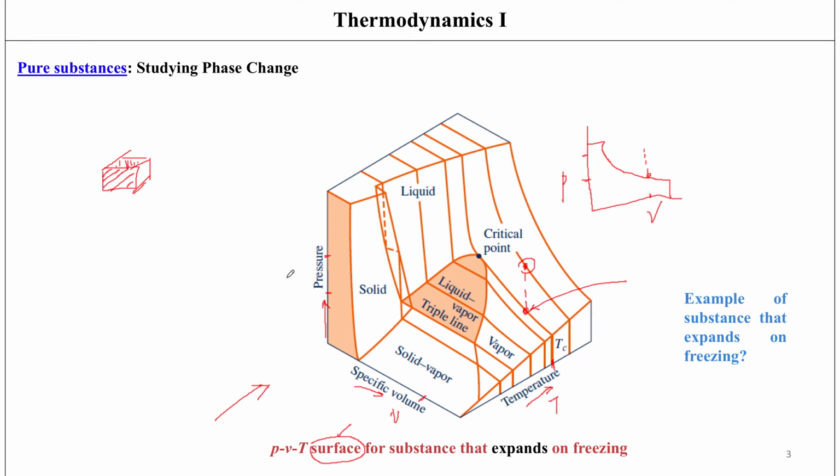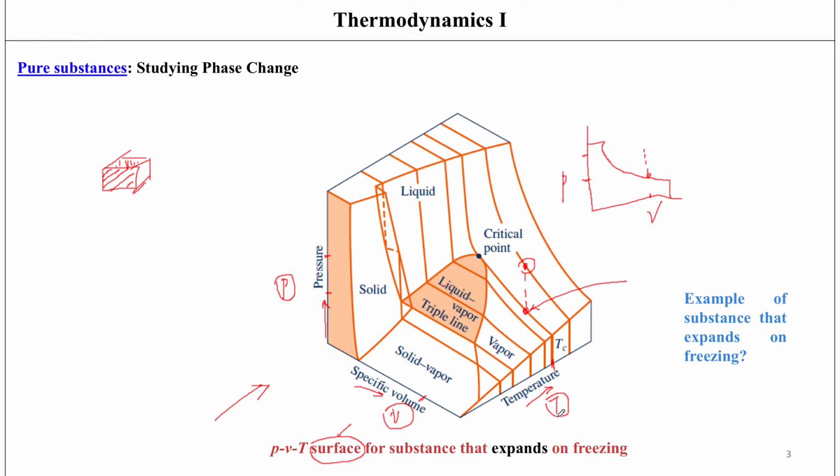So what that means is that in order for me to fix the state of the system in terms of the specific volume and in terms of the temperature, I would get only one specific value of pressure. There cannot be a range of values at the same volume and same temperature. There's just going to be one unique pressure corresponding to the specific volume and the temperature of the system.